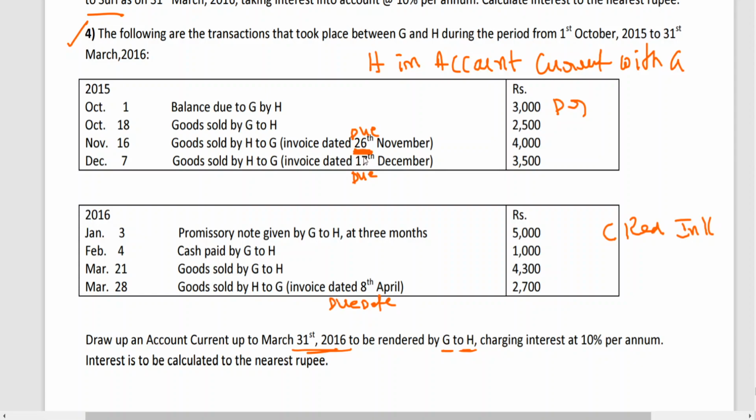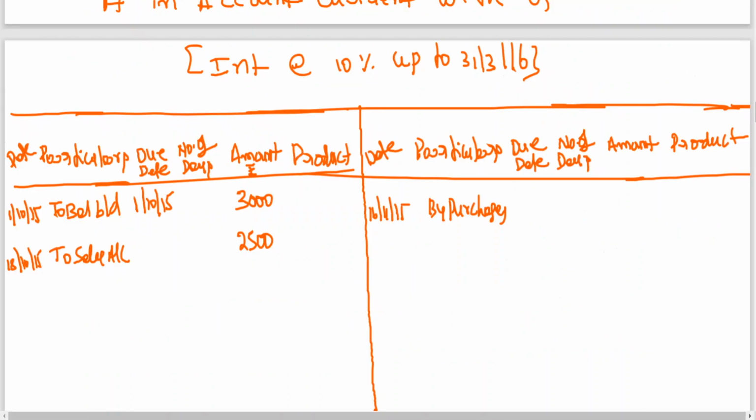So 26th November. What is the amount for this? 4,000.